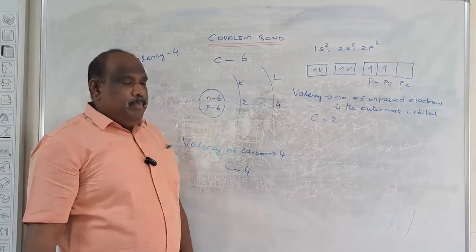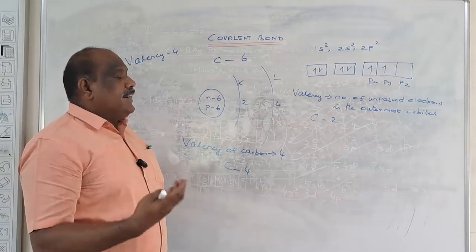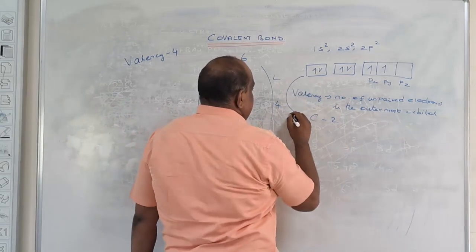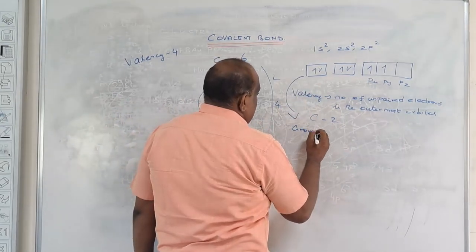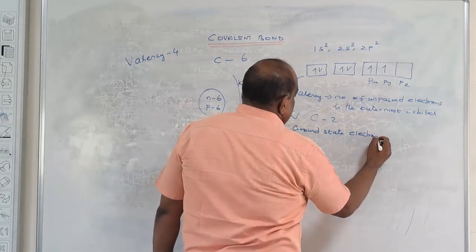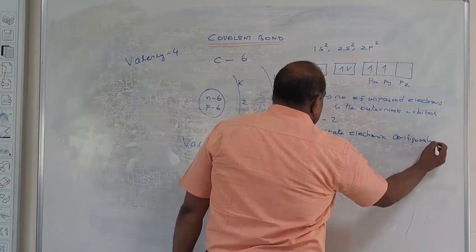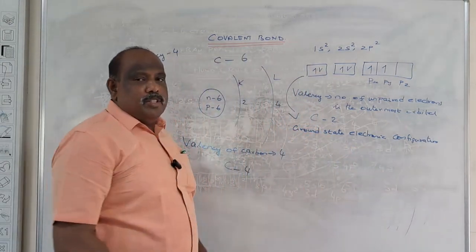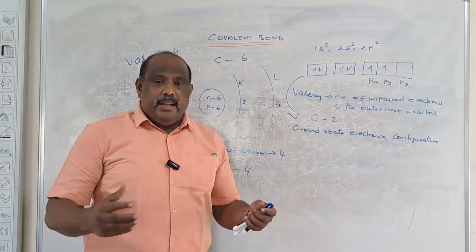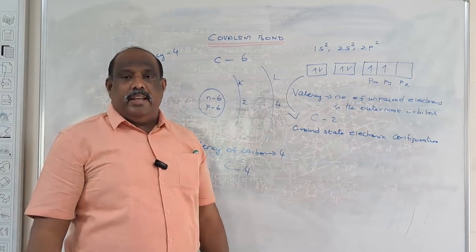Before carbon reacts, it is in what is called the ground state, the ground state electronic configuration. Ground state means normal. But whenever carbon reacts with other elements, it goes to the excited state.